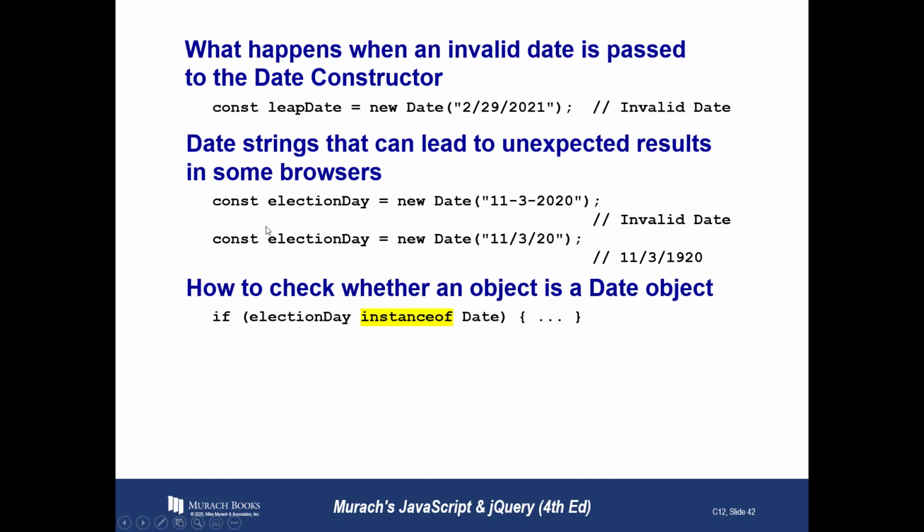All right, it says what happens when an invalid date is passed to a date constructor. And it says usually when you start doing this stuff, it won't work. Now, what does this mean? Well, that 2021 was not a leap year.